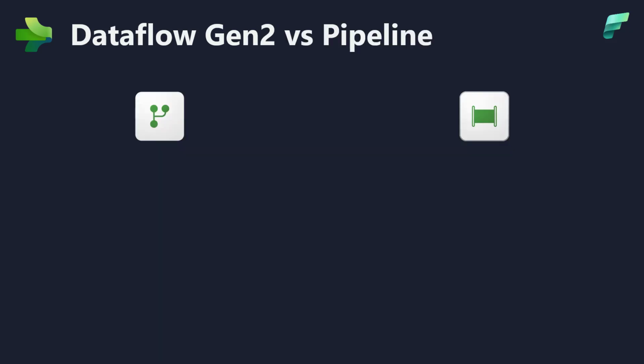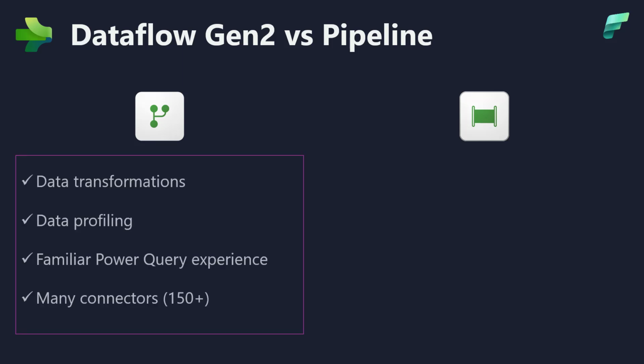Let's recap the main differences and main characteristics of Dataflows Gen 2 and pipelines. Dataflows Gen 2 should be used whenever you need to implement more complex data transformation operations. Then, for data profiling, Dataflows Gen 2 provide a built-in set of features to allow quick and easy data profiling options.